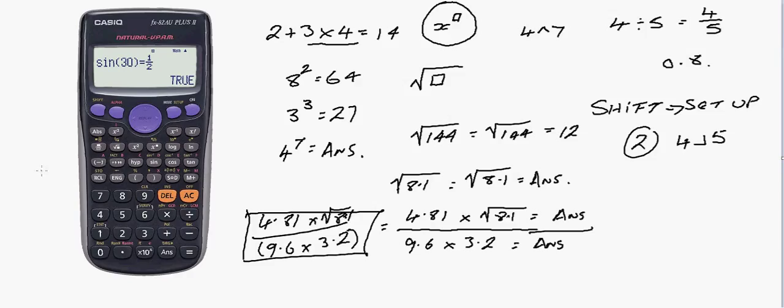A lot of these buttons you won't use, absolute you won't use, logs you won't use, engineering you won't use, hyperbolic functions you won't use. So there's a lot there that you will never use. Okay, in the calculator paper, roots, squares, powers, sine, cosine and tangent are the ones that you need.